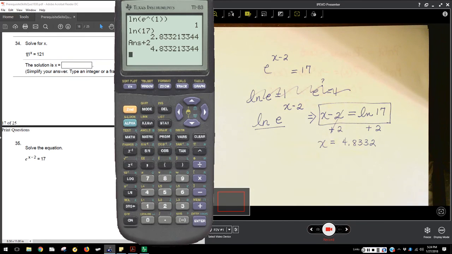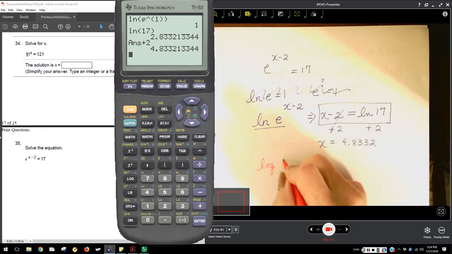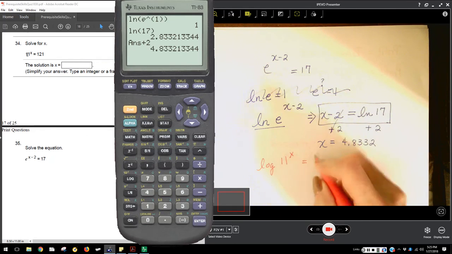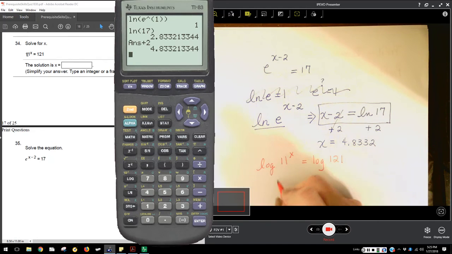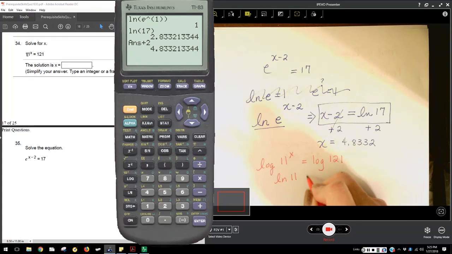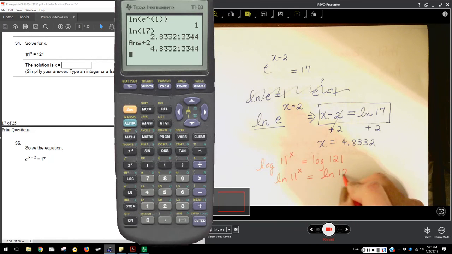Going back to the other problem, I would take the base 10 logarithm of 11 to the x power equal to the base 10 logarithm of 121. Or you could even still take the natural logarithm of 11 to the x power equal to the natural logarithm of 121, and you could solve it that way.